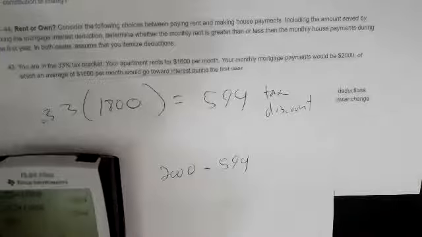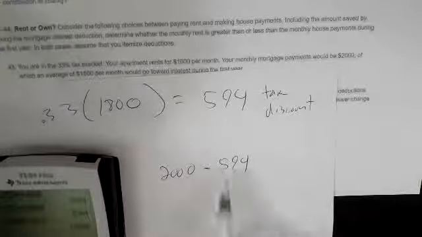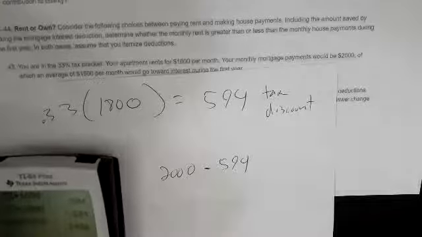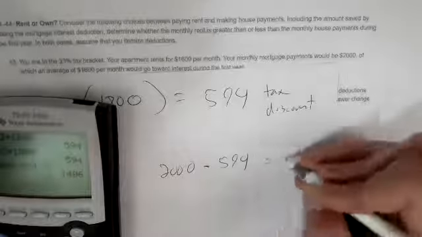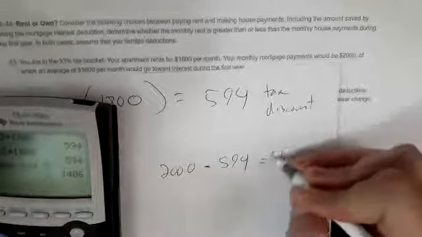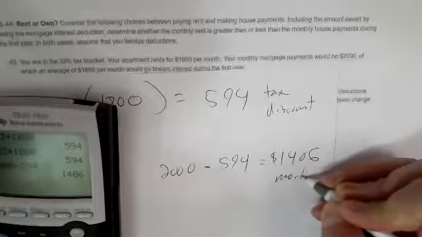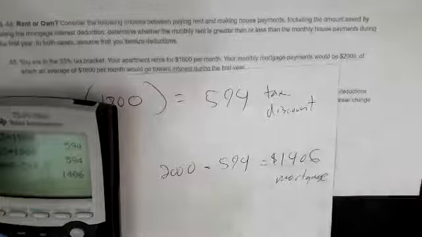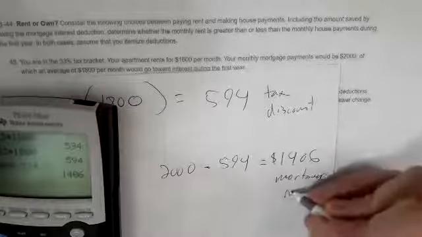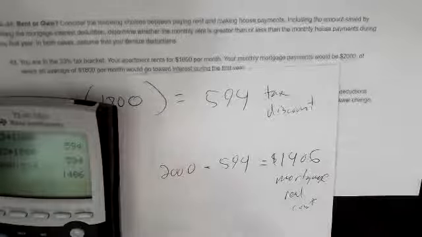So if we want to figure out how much our mortgage is really costing us, it's the $2,000 without the 594 in there, because we're getting that back. I think our mortgage is going to cost $1,406. Real cost or whatever they call that thing, right?